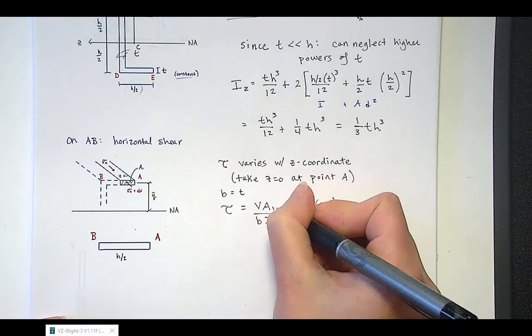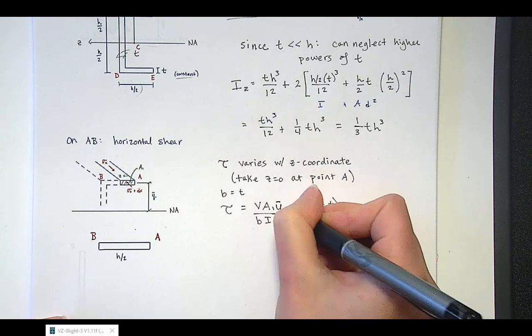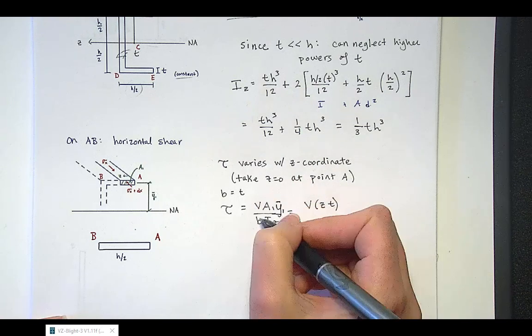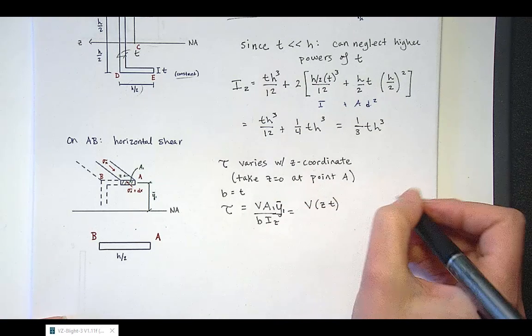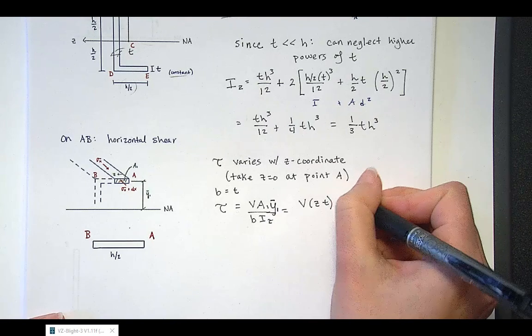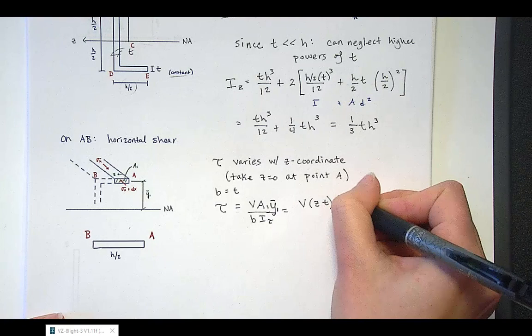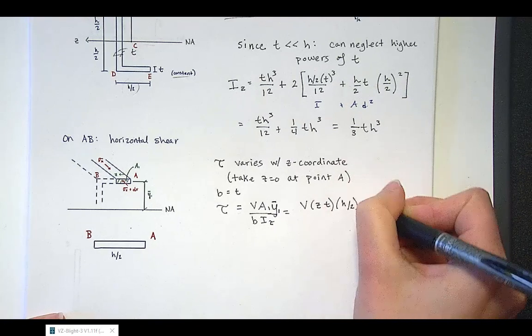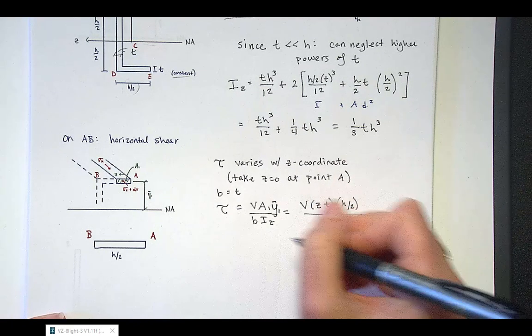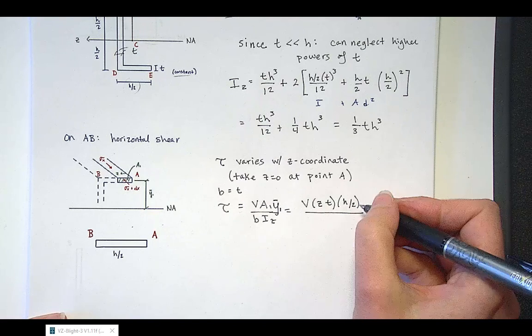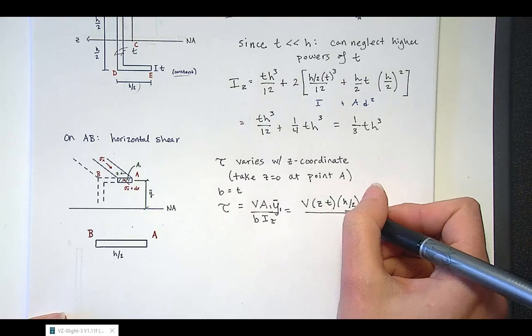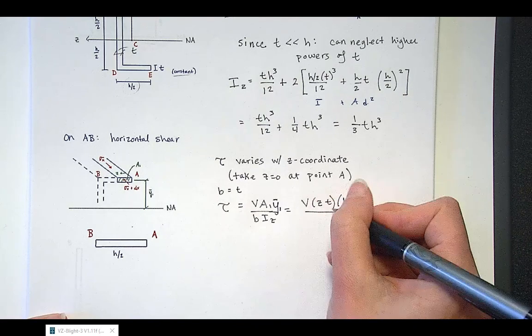Sorry, I missed a term here because we're finding Q, so we still need the Y1 bar. So VA1 times Y1 bar for the Q. So then our Y1 bar is going to be H over 2. Since T is much smaller than H, we don't need to worry about subtracting that T over 2 there.